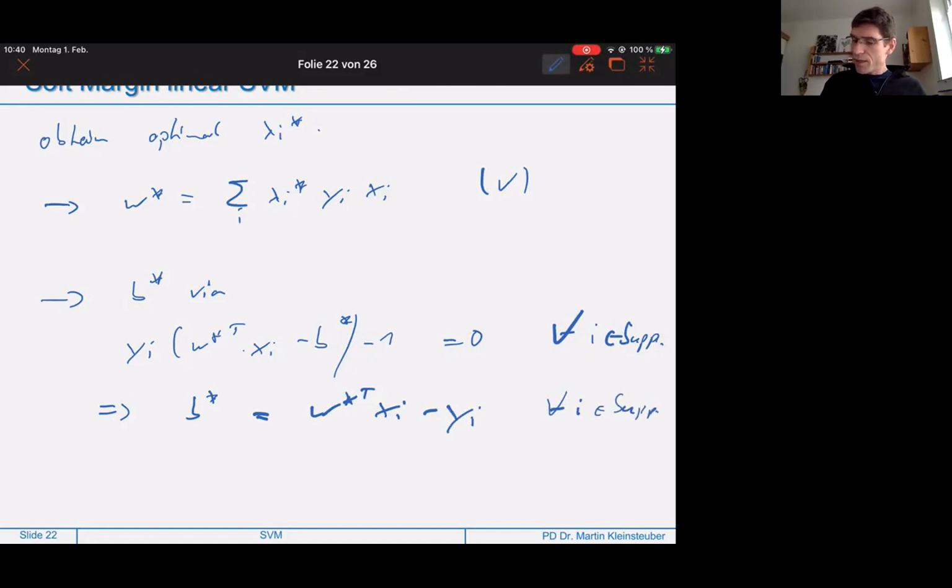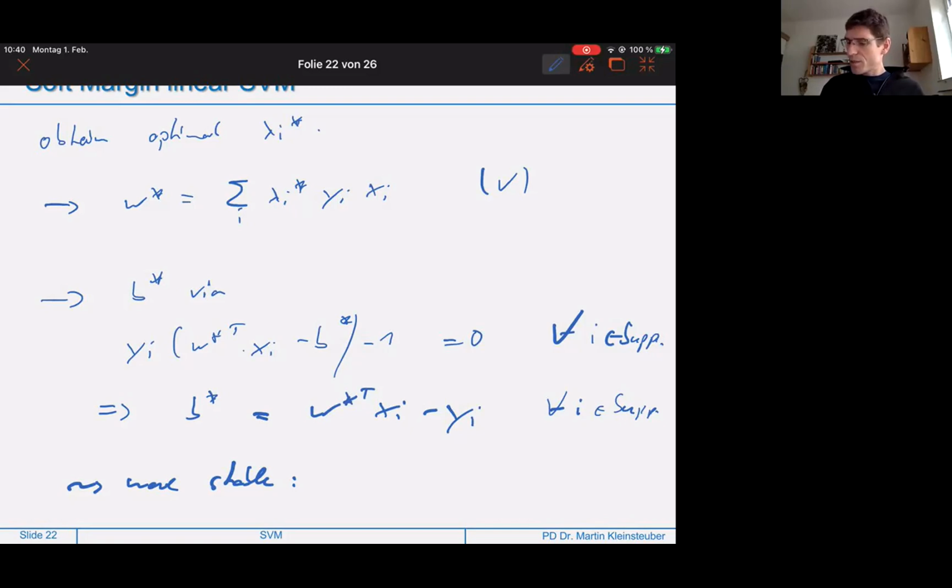So what you do in practice to make it more stable: every pair xi, yi should give you theoretically the same B star, but of course in practice you have some numerical inconsistencies that you get rid of via averaging.